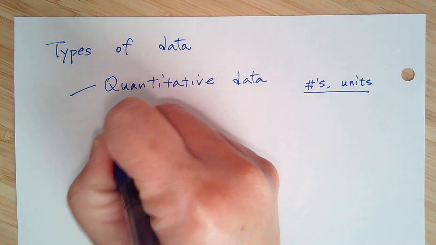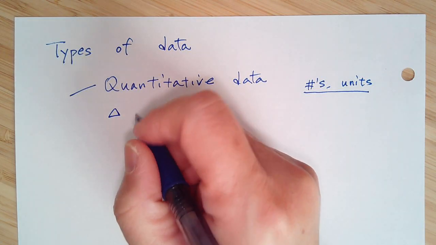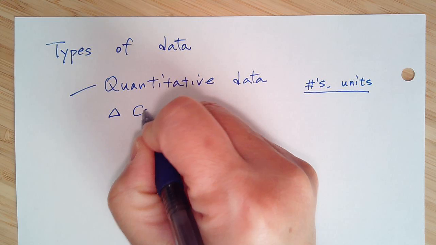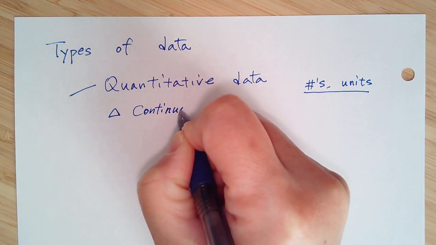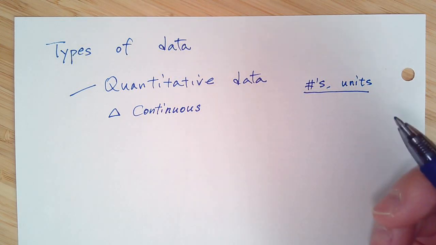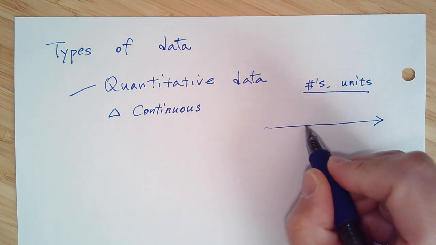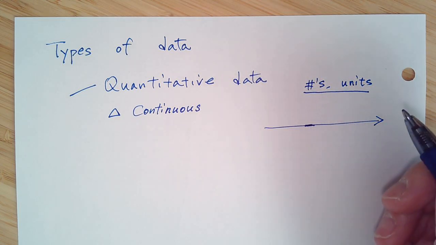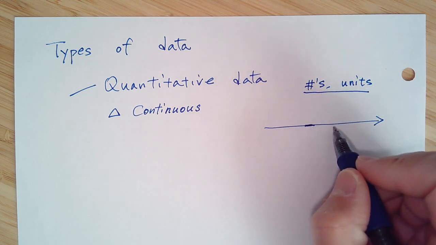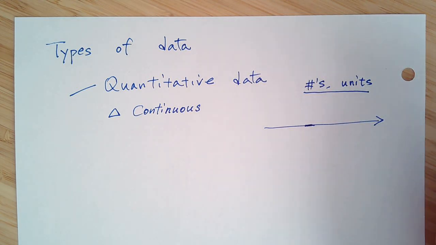And some of the data are continuous. Some of the quantitative data are continuous data. Continuous means if you look at the possible values of this data and you plot that on the number line, they're kind of like everywhere, so you're going to get some continuous either segments or intervals. So that's continuous data. For example, weight of people.